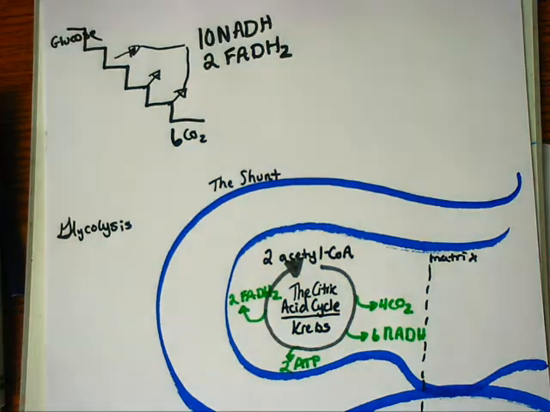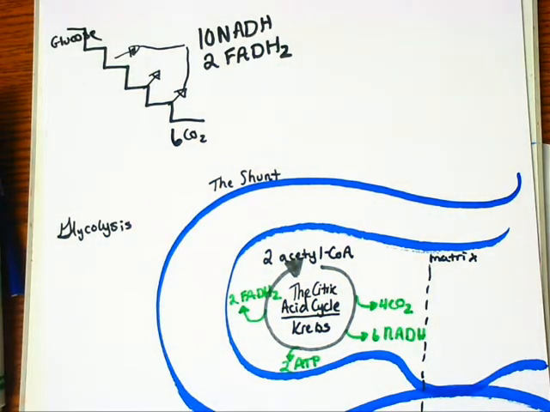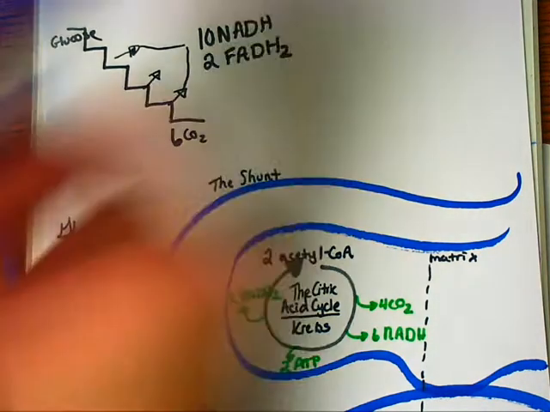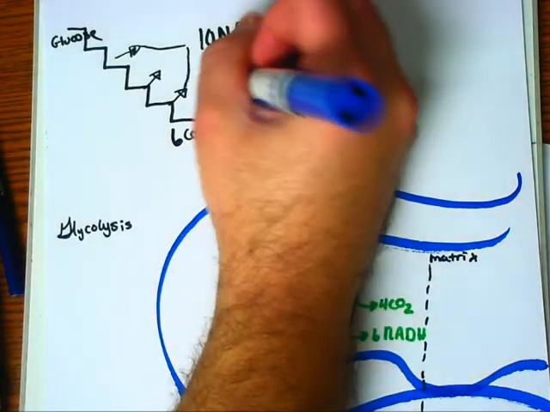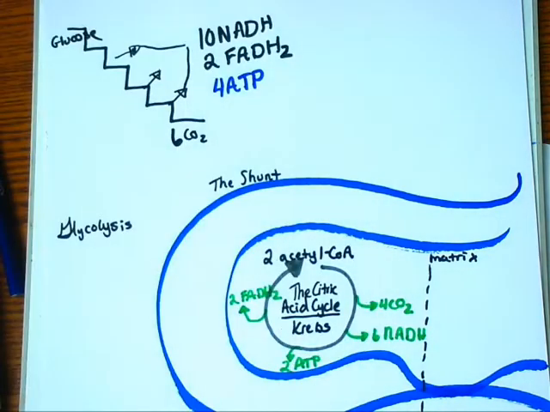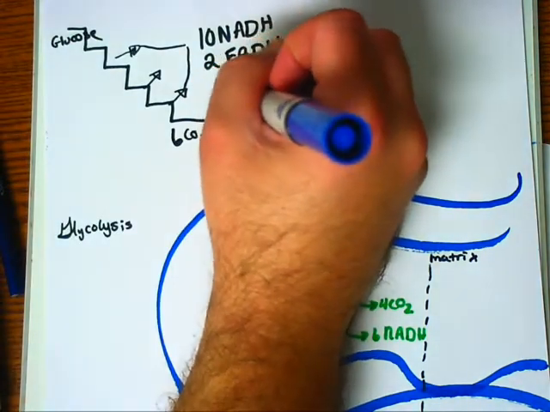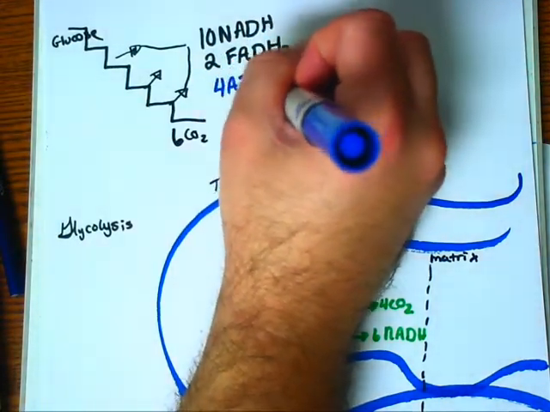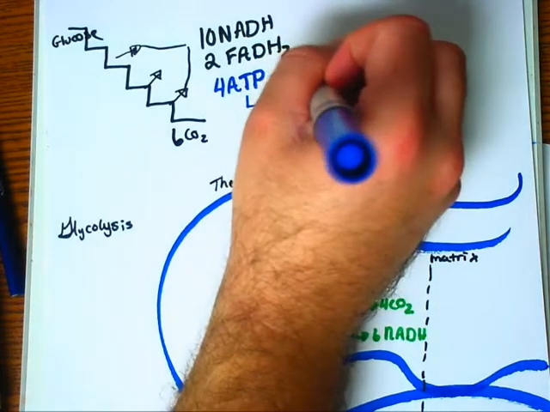Bless you. How many ATPs were produced? Was that just irrelevant? No, we could include that as well. You've produced 4 ATP. And the mechanism by which you've produced them is a mechanism known as substrate level phosphorylation.